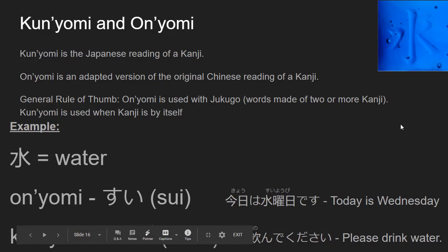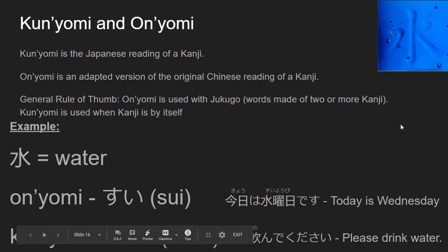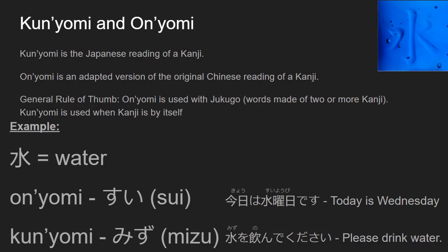Okay, going to Kun'yomi and On'yomi, which was briefly covered earlier. The Kun'yomi is a Japanese reading of the kanji. On'yomi is an adapted version of the original Chinese reading. So, for example, here you got water. In On'yomi, you pronounce it as sui, and in Kun'yomi, you'd pronounce that as mizu.